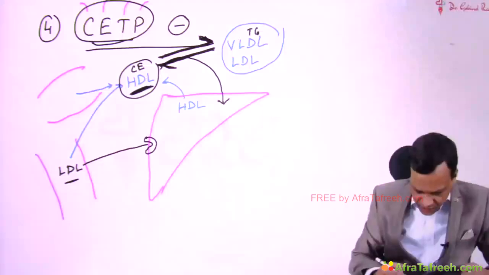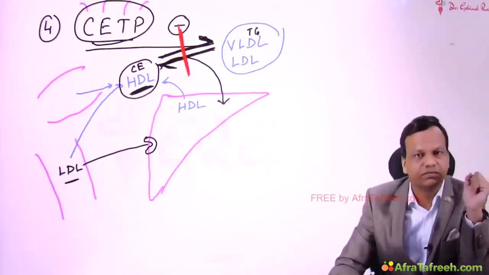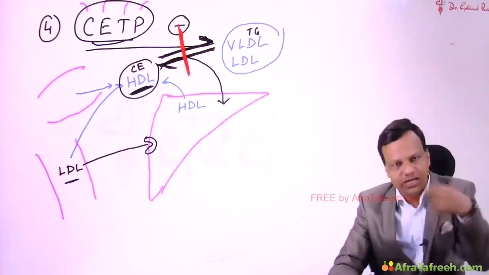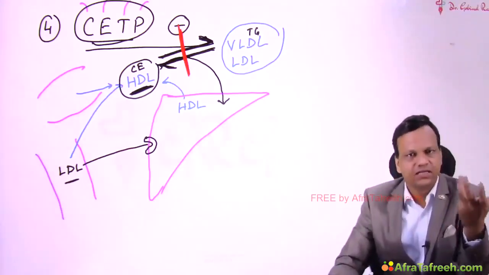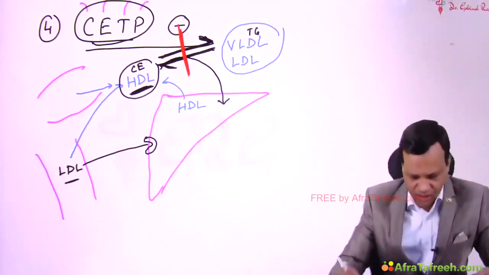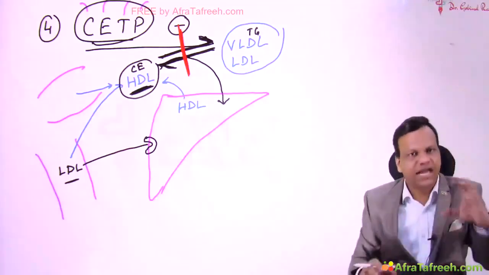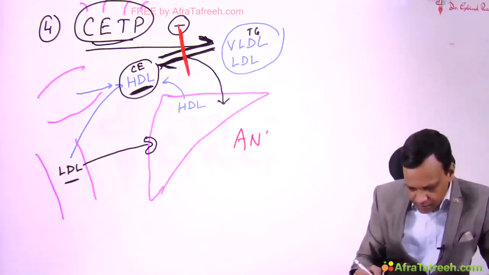So what we have done is we have developed a drug which inhibits this CETP. When we inhibit CETP, HDL will not go into the exchange program, and then HDL will increase, and when HDL increases, we can protect from atherosclerosis. So basically the drug inhibiting CETP acts by increasing HDL, and the drug is anacetrapib.